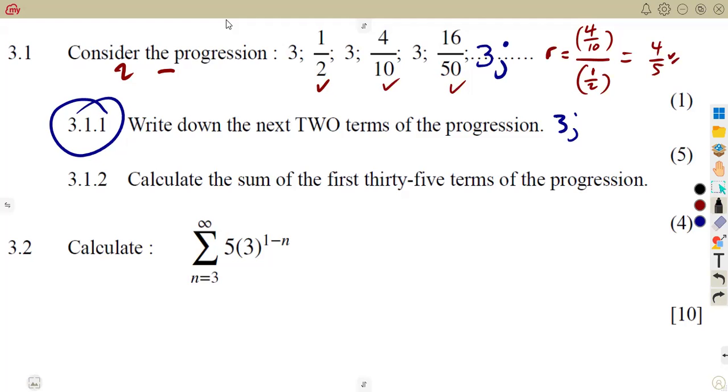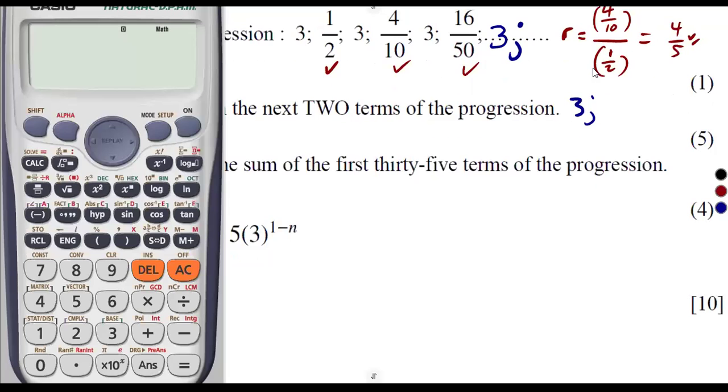All right. So if we consider this part, we are given 1 over 2, then we've got 4 over 10. I want you to see what is going to happen there. We know that to obtain the following term, you're supposed to multiply by the ratio, which is 4 over 5.